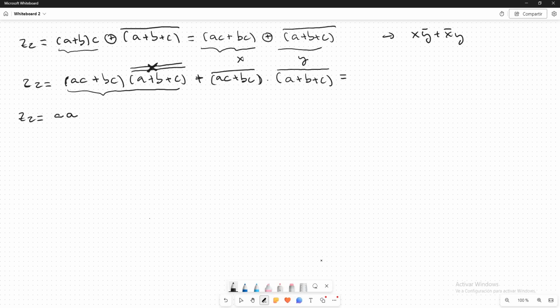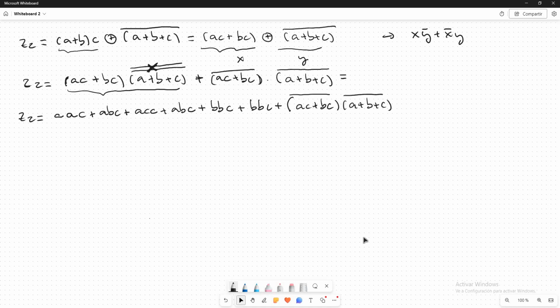AC plus ABC plus ACC plus ABC plus BBC plus BBC plus this expression. Note that I have applied the distributive property here, but I have left this product untouched, because otherwise it's going to be difficult to operate with.